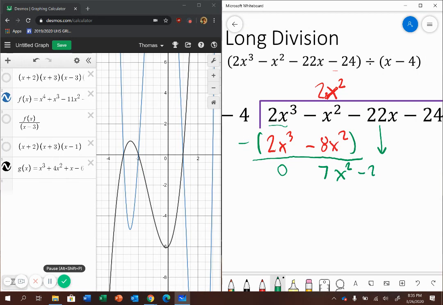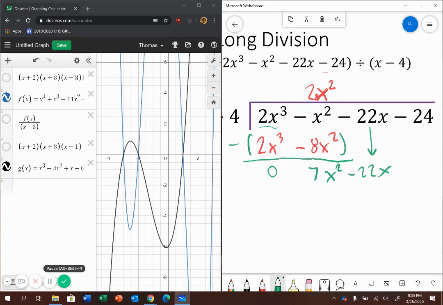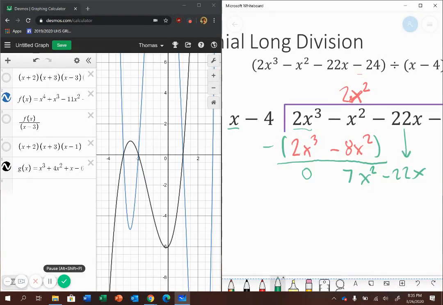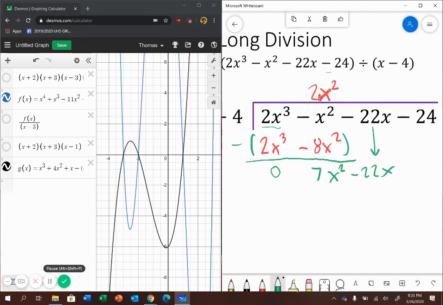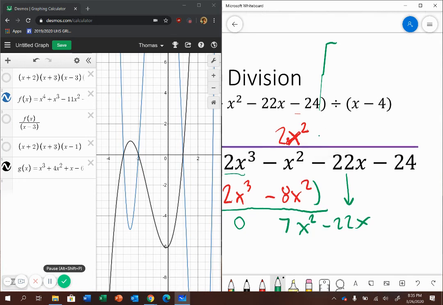We're going to say minus 22x. Then we're going to go back to our original step. How many times does x go into 7x squared? x goes into 7x squared 7x times, right? 7x times x is 7x squared. So we're going to put plus 7x.